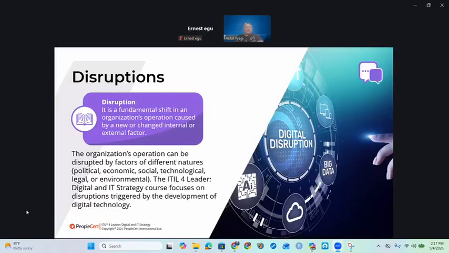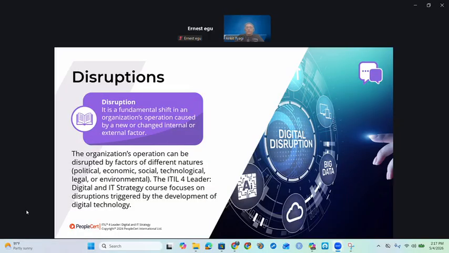Now, like I said, this is not a day-to-day disruption that we're talking about here. We're talking about a fundamental shift in an organization's operation caused by a new or changed internal or external factor. So because of any changes in the internal or the external factors, what has been the shift in the way of working of the organization? The organization's operation can be disrupted by factors of different nature: political, economic, social, technological, legal, or environmental, also called the PESTLE factors.